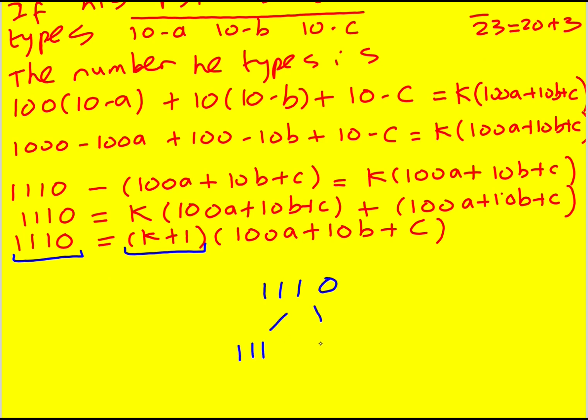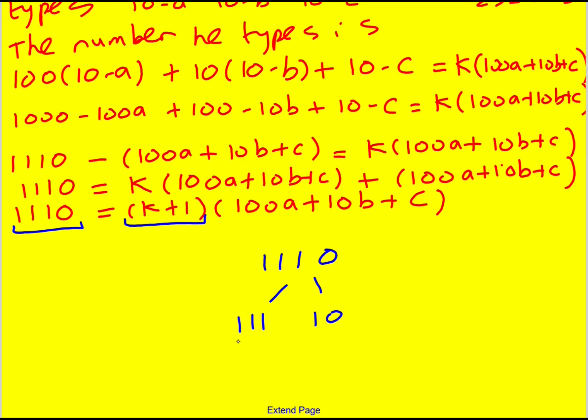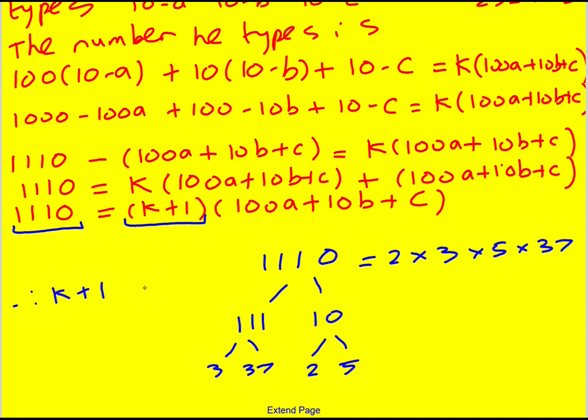Well, it's going to be 111 times 10. 111 is then divisible by 3 because the digit sum is 3. Actually 3 times 37. Here we get 2 times 5. So it's 2 times 3 times 5 times 37. And therefore, K plus 1 can only take certain values.